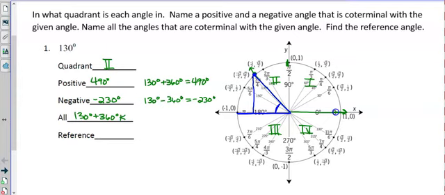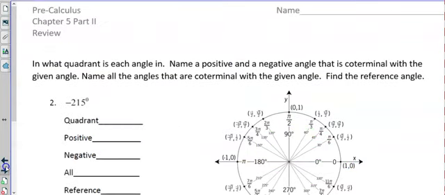So it's that angle right there. So basically just ask yourself, okay, where are we here? We're at 180 degrees here. And where are we up here? We're at 130 degrees. What's the difference there? How far is it between 180 degrees and 130 degrees? It's 50 degrees. And your reference angles are always positive. Okay, always, always, always positive.